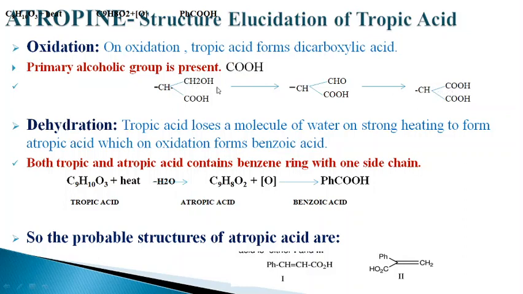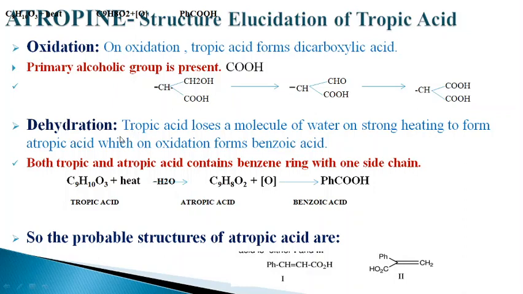This means that a primary alcoholic group is present in tropic acid, which on oxidation first converts into an aldehyde group. On further oxidation it converts into a COOH group. So the hydroxyl group is in the form of a primary alcoholic group.